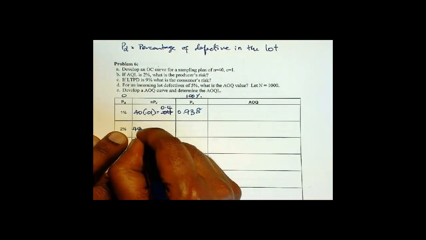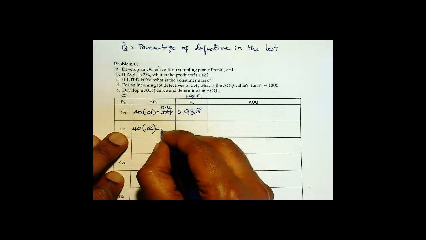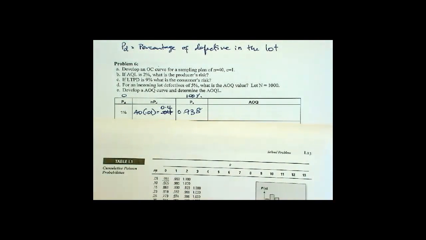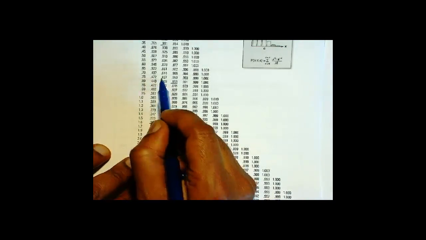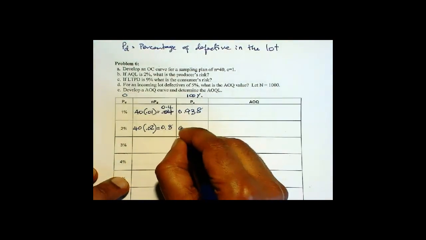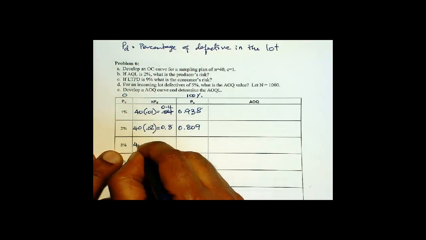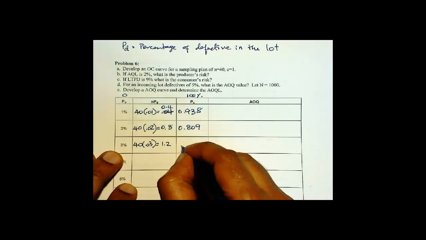And then 40 times 0.02, that is 0.8, and from the table that will be 0.809. So 3% is 40 times 0.03 is 1.2.